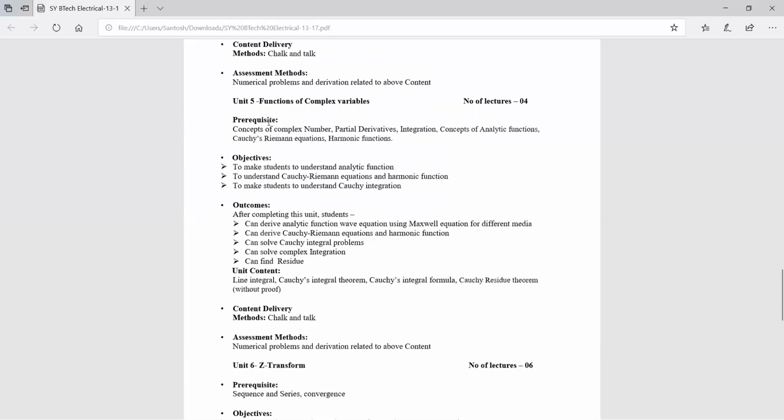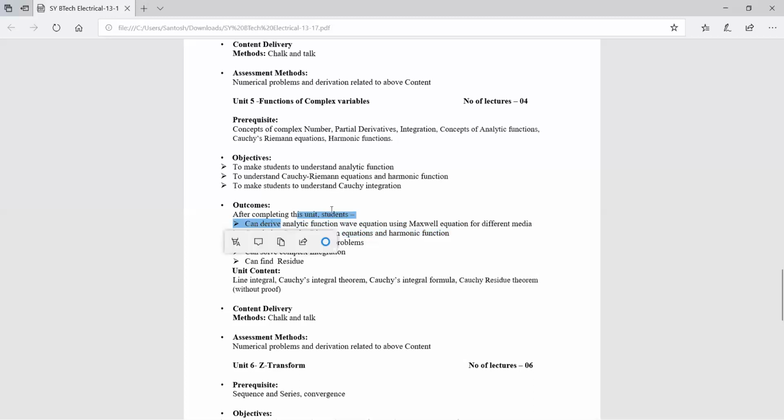Now, the objective of this unit is to make students understand analytic functions, Cauchy-Riemann equations and harmonic functions, and Cauchy integration. These are the 3 important objectives of unit number 5. After completing this unit, these are the outcomes.